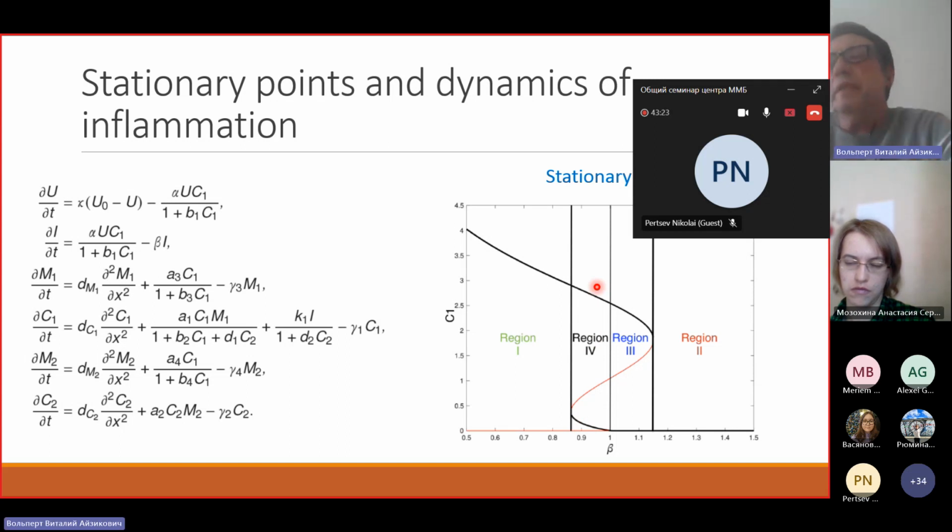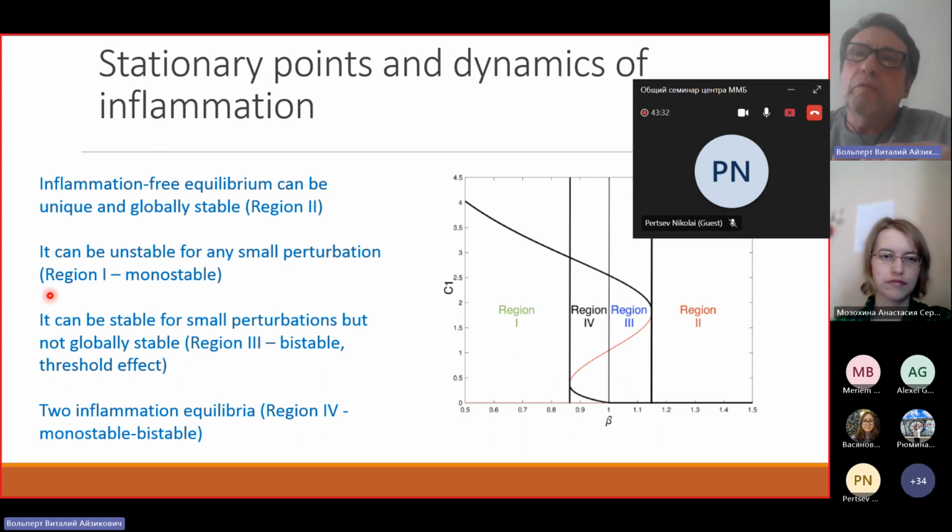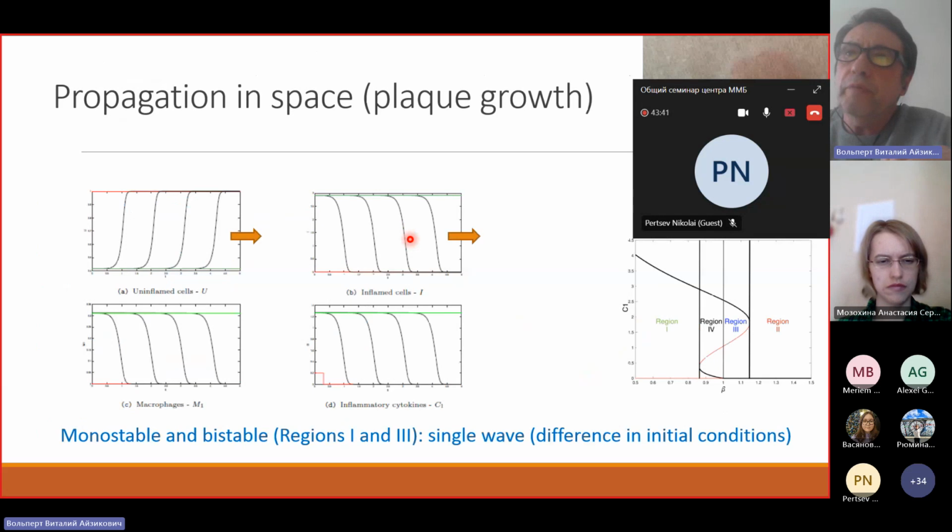So this is basically what happens here if we consider the ODE problem for this generic model of inflammation. And what I explained is shown on the slide about these different regions, different number of stationary points, and the behavior of the problem.